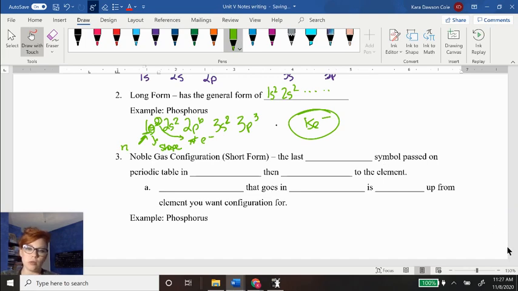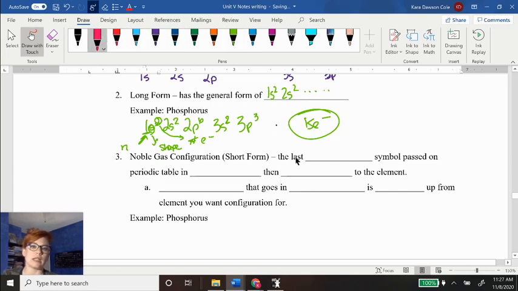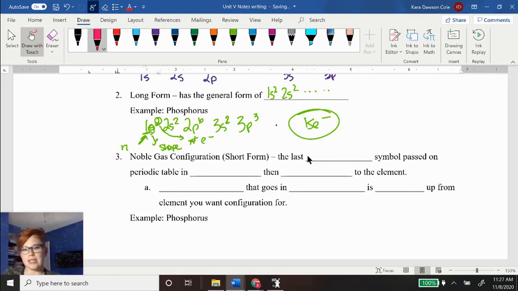The noble gas configuration, which is the last configuration that we talk about in this class, is the short form, is what I call it. This is the last noble gas symbol passed in the periodic table, in brackets. And then you add the electron configuration to the element.